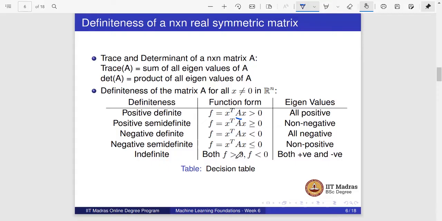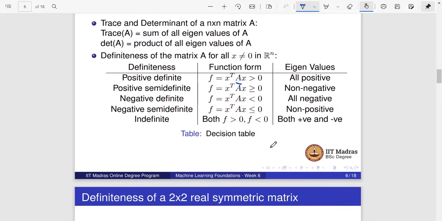If the function is positive at some points and negative at other points, then we say this is an indefinite matrix. There is another way to verify it. If the eigenvalues of A are both positive and negative, then we say the matrix A is indefinite.